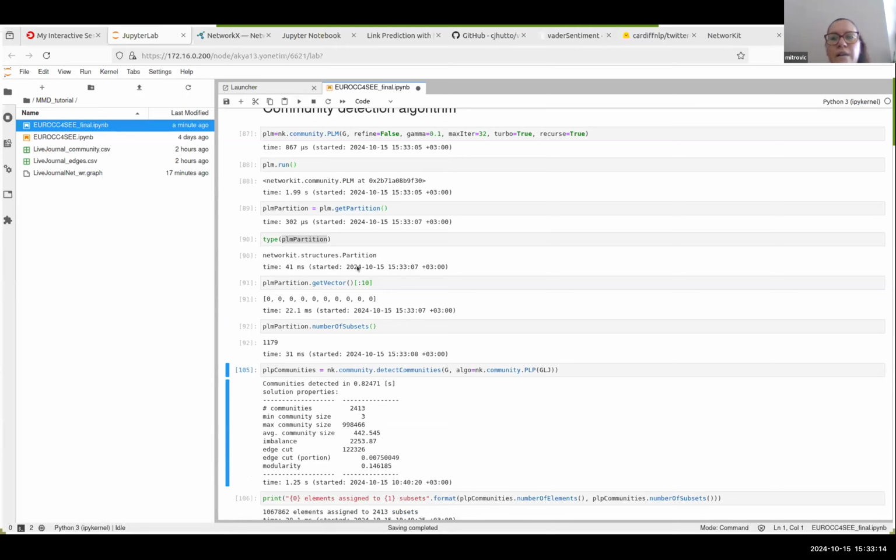Well, actually, Louvain and also the label propagation algorithm, both of them are heuristic algorithms and they're stochastic. So they always start from different initial conditions, and as a consequence of this, you get different results or a different number of communities.